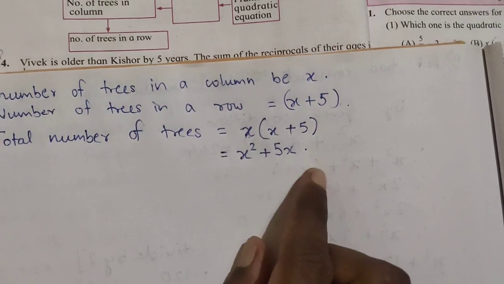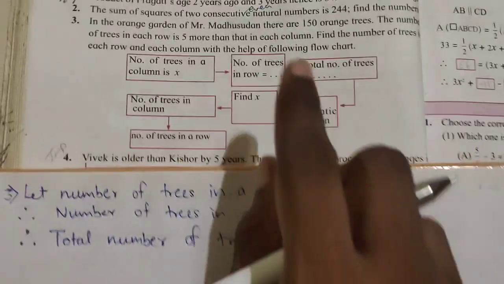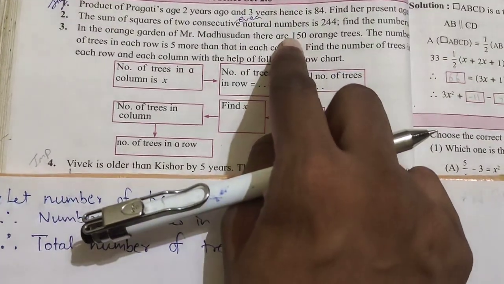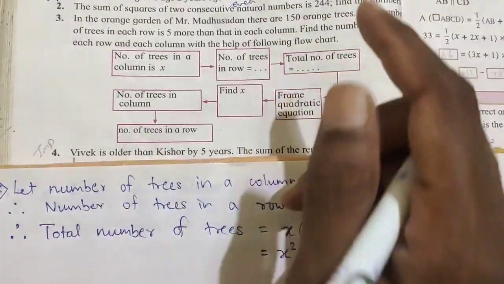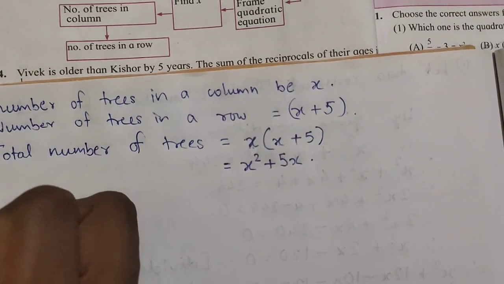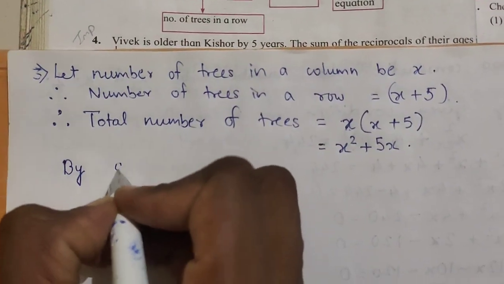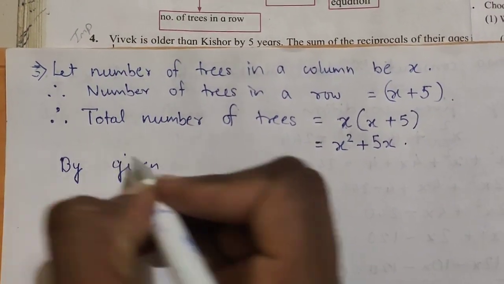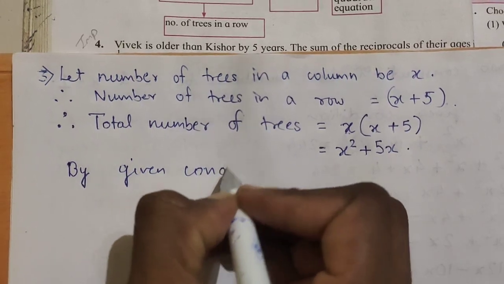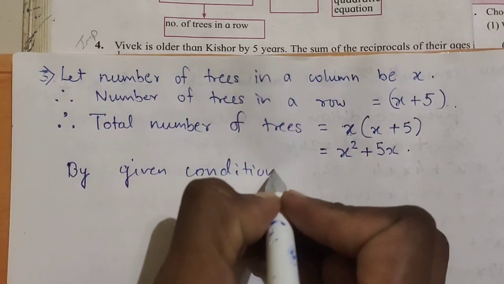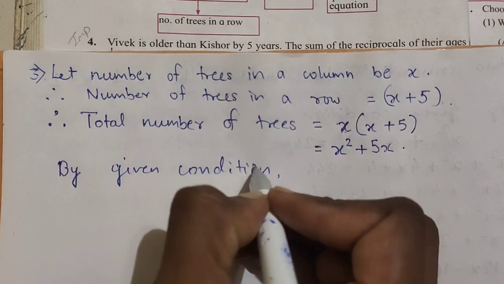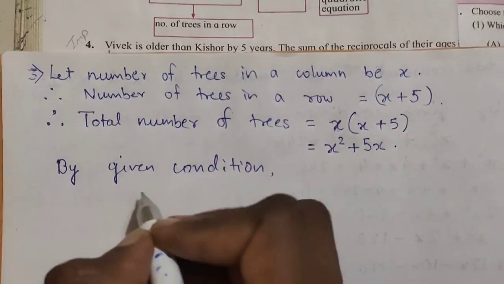So this is the total number of trees, and what is there in the question? Total number of trees is how much? 150. So we have, by the given condition, what can we write?